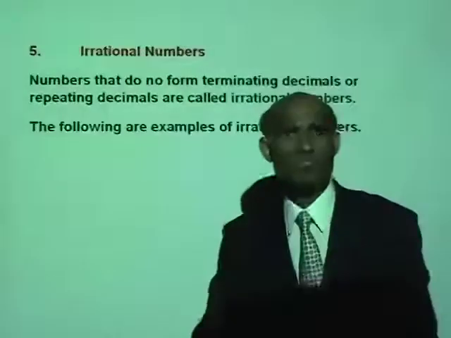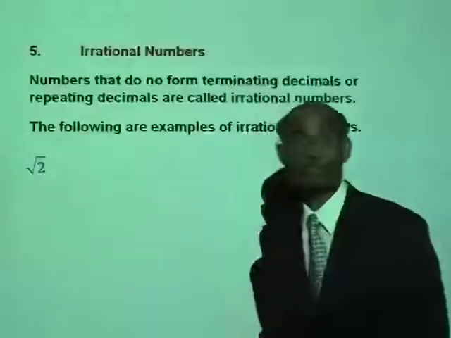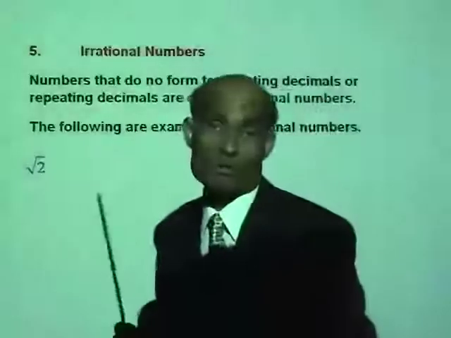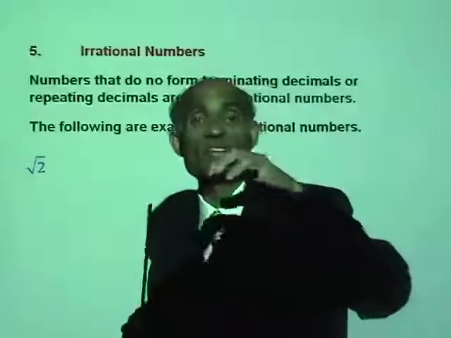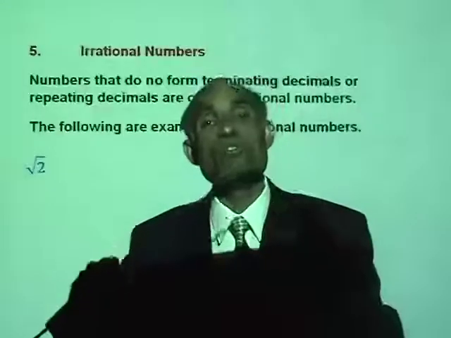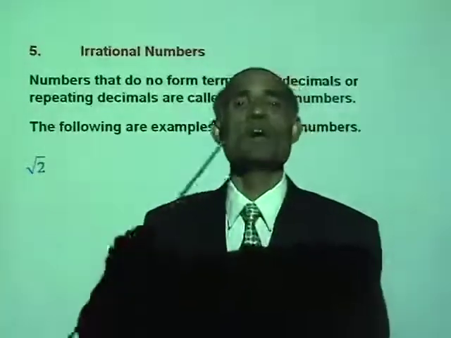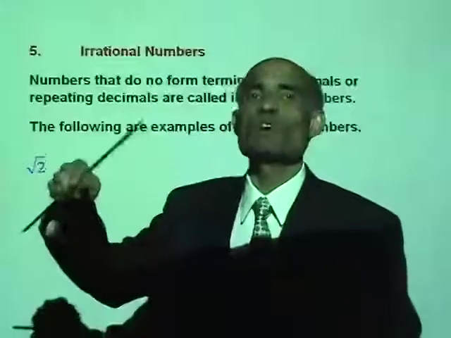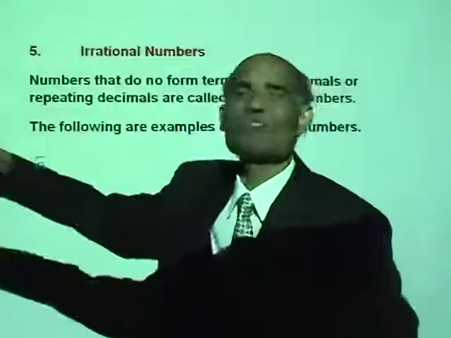Now, what kind of numbers are there? Now, give me some examples. Square root of 2. If you put that on your calculator and try to find the decimal value, you will see there is no pattern for that decimal value. Square root of 2. 1.4142637892015.